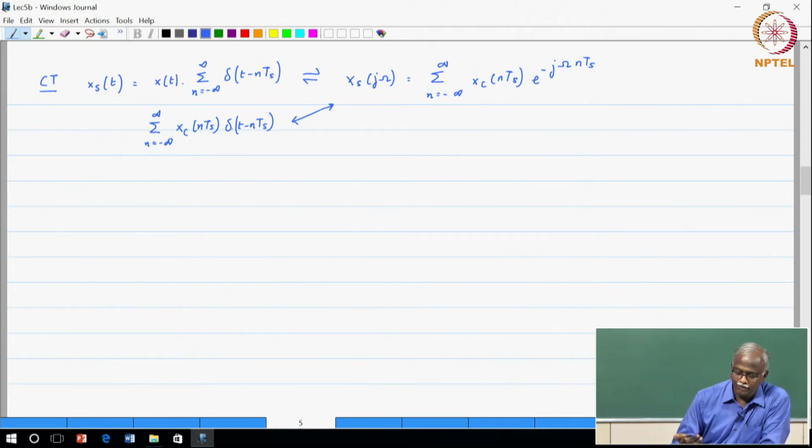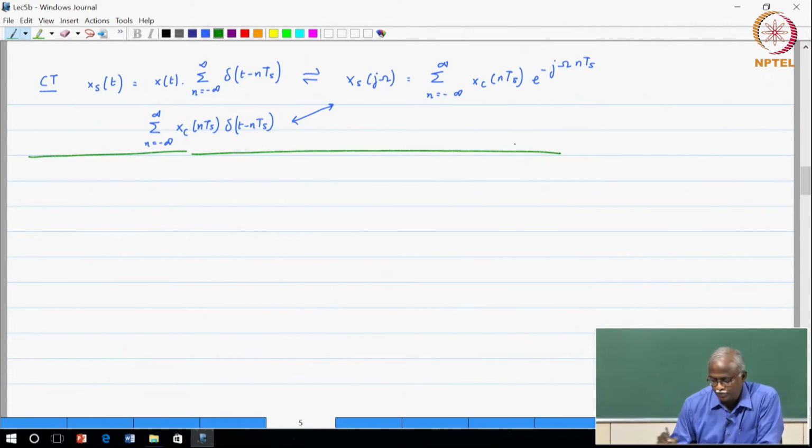And then if I want to take the Fourier transform, I have to take the integral of xs of t, and because of the property of the delta function, that gives you the expression on the right hand side. So that is one piece of information.